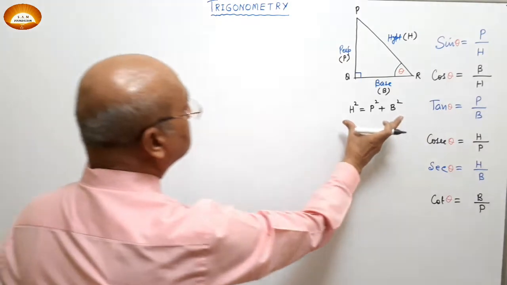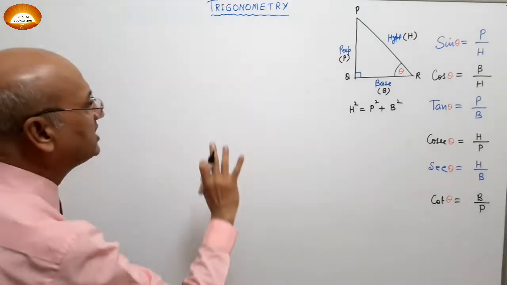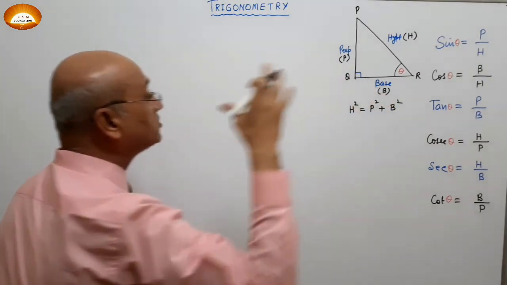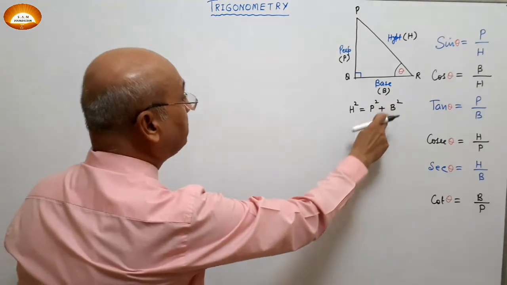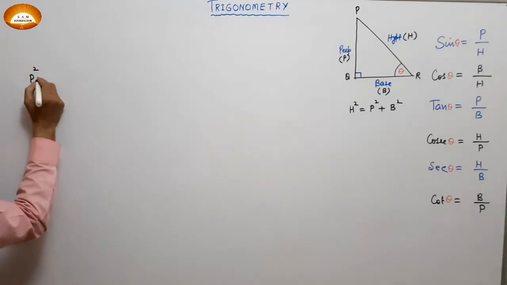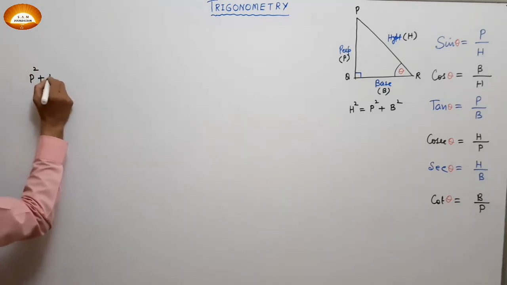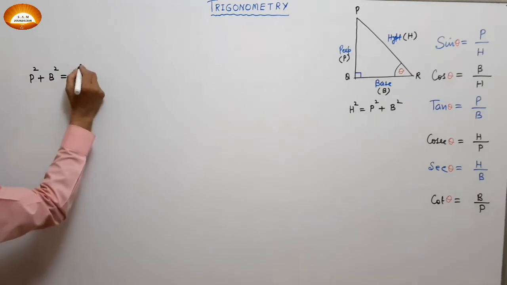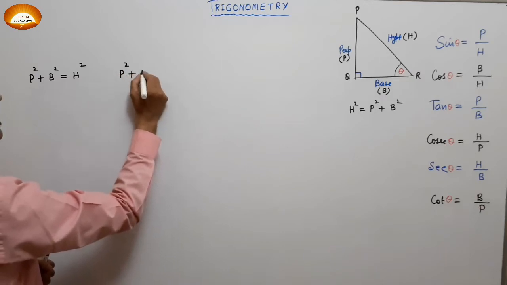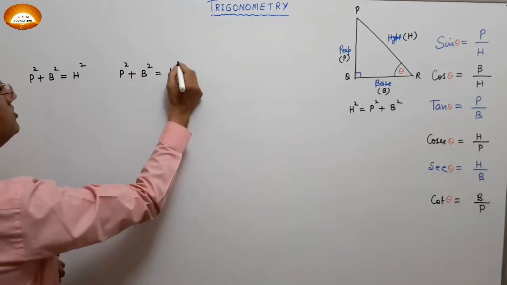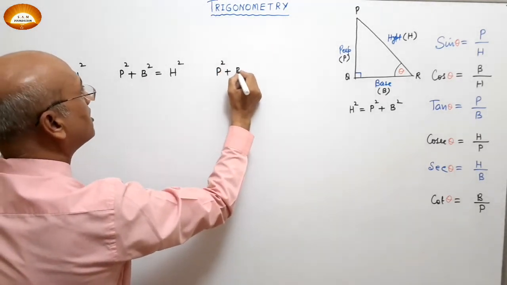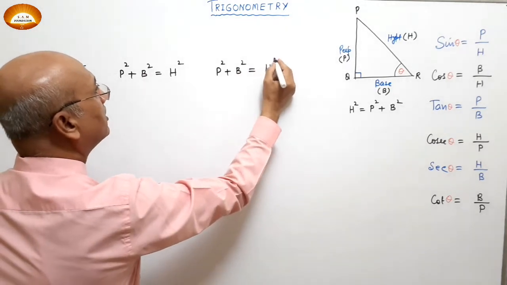So we write this Pythagoras theorem in reverse form three times: perpendicular square plus base square equals hypotenuse square, three times.